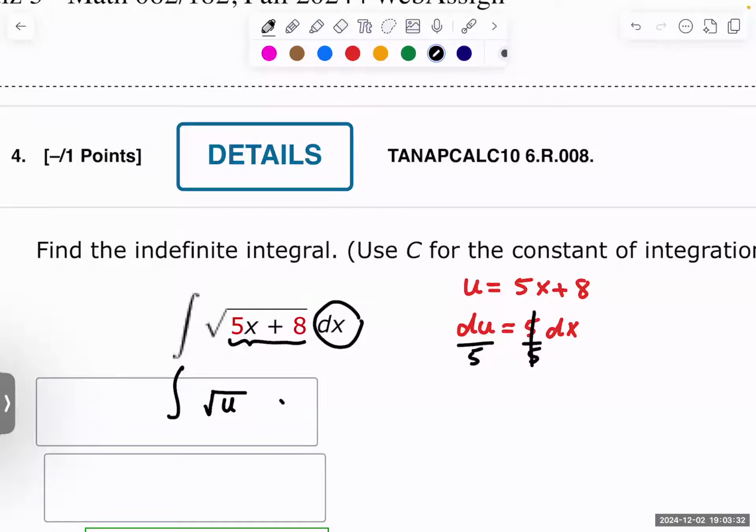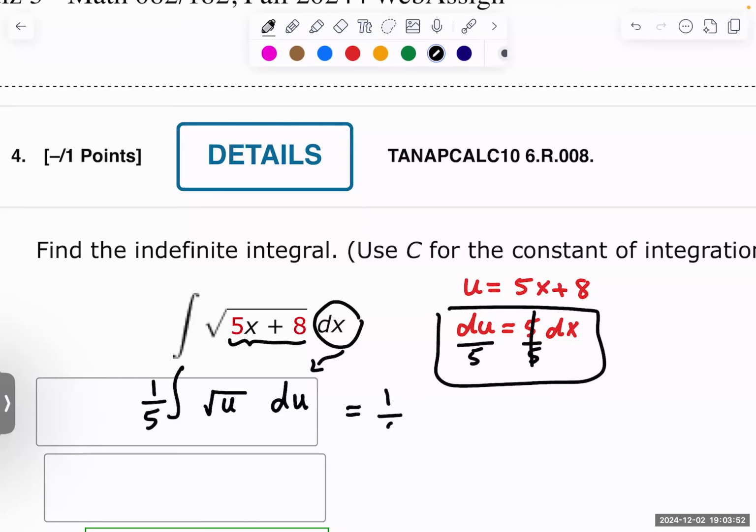Instead of dx, I put du over 5, but instead of over 5, I pull the 1/5 out. Do you see? dx is du over 5. So instead of dx, I replace it by du and 1/5 out. That's 1/5 integral of u to power 1/2 du.